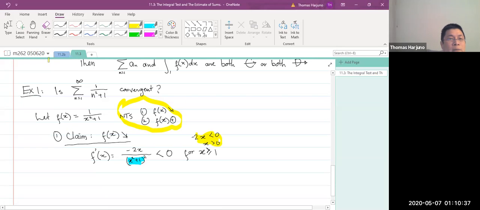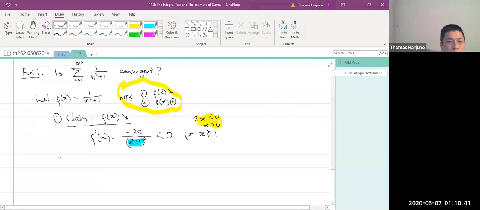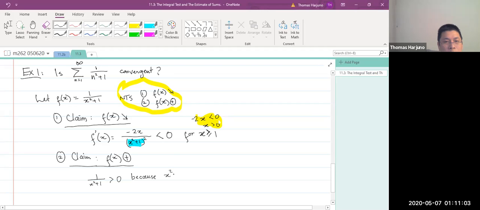Now, second, I need to show that it is positive, but I think that one is actually clear. That f(x) is positive. 1 over x squared plus 1 is always positive because x squared plus 1 is always greater than or equal to 0.